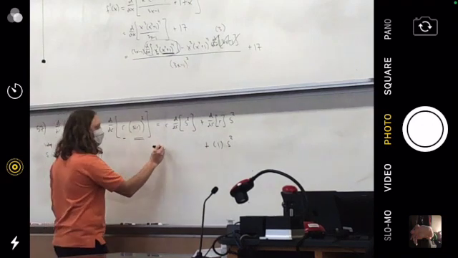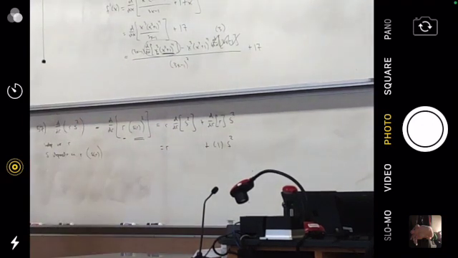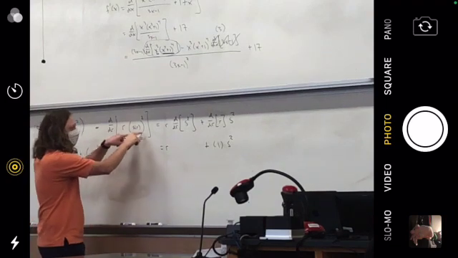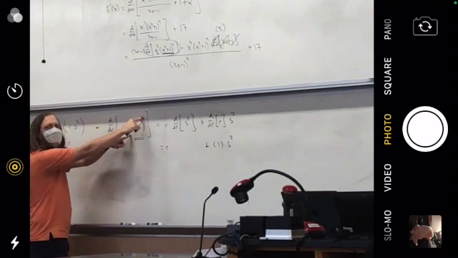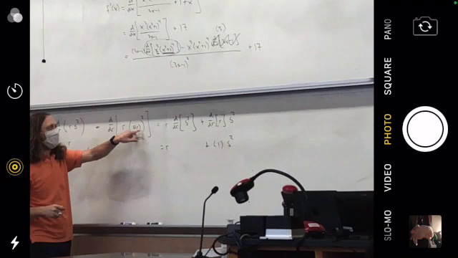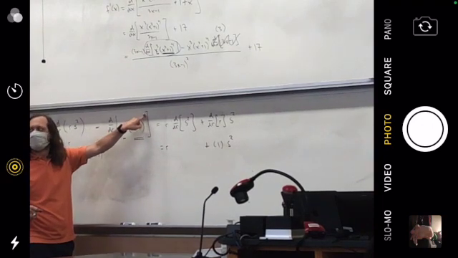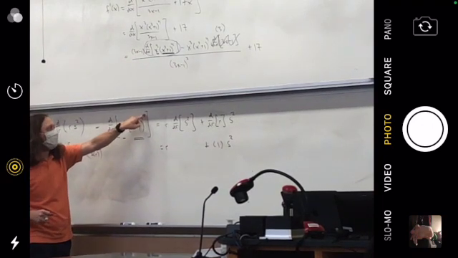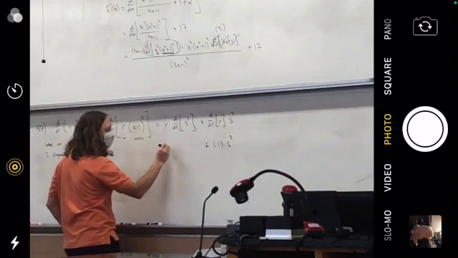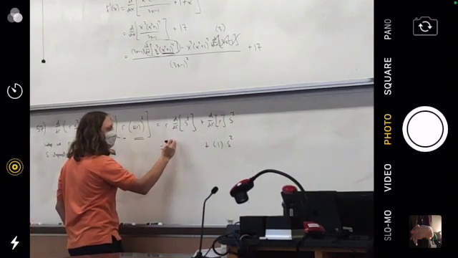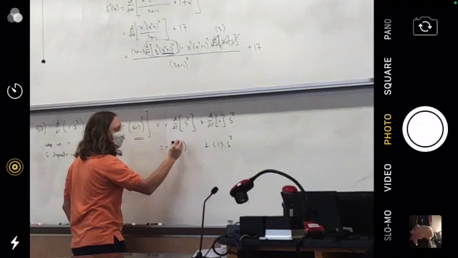What about this one? R times 2s times some derivative of, so this is some function of r squared. So I have something on the inside all squared. So when I take the derivative, I have to bring the 2 down. And then I have this all to the first power.